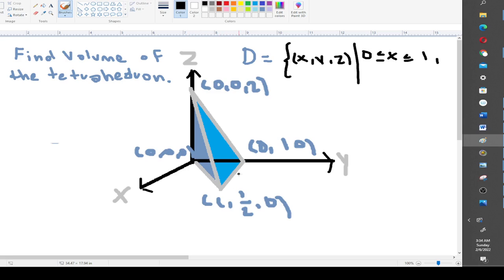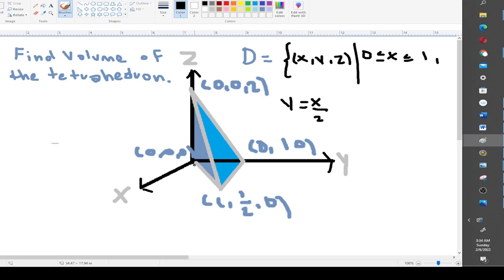if you look at this line right here, you can basically represent y as a function of x.